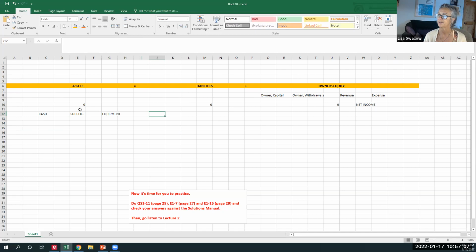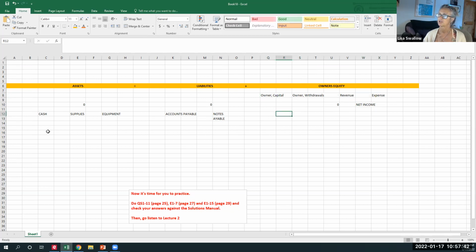So put those in. And my liabilities are accounts payable. Remember that word payable is always in liabilities. And notes. And then again, we've already put in our 4 items in owner's equity. So I'm going to just move these down.